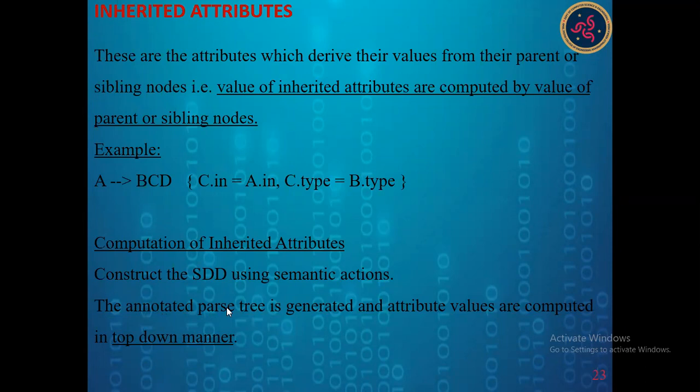So here, with inherited attributes, the annotated parse tree is constructed in the top-down manner, whereas with synthesized attributes, the tree was constructed in a bottom-up manner. Now we can see an example.